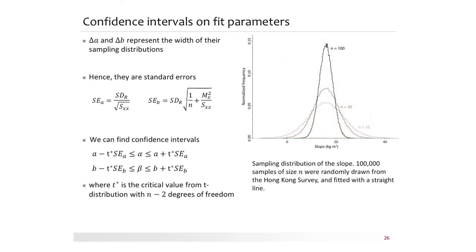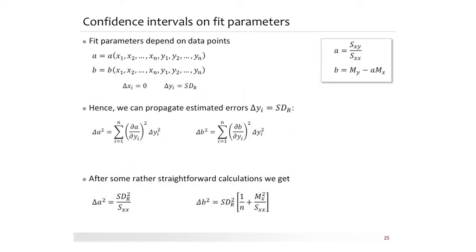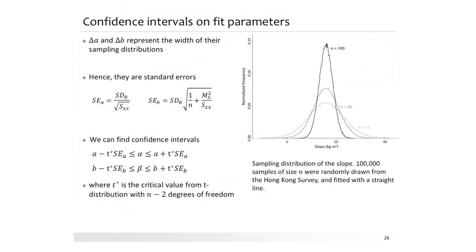So for each sample, I calculate the regression line and calculate slope and intercept. And this is the distribution of the slope. The mean slope is somewhere here, and it's distributed around it. And the width of this distribution is the standard error of the slope. And this is what we found here in these calculations. This error is the width of this distribution.